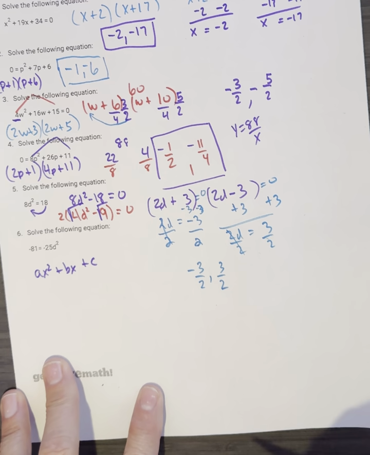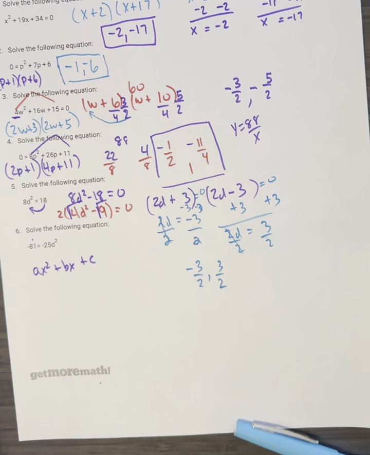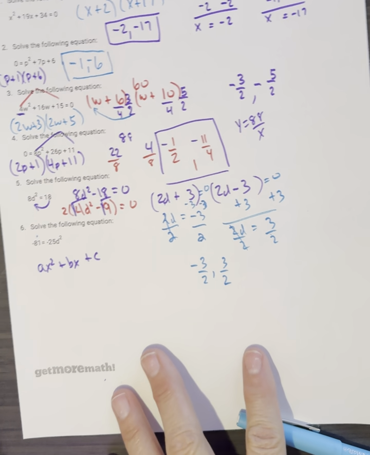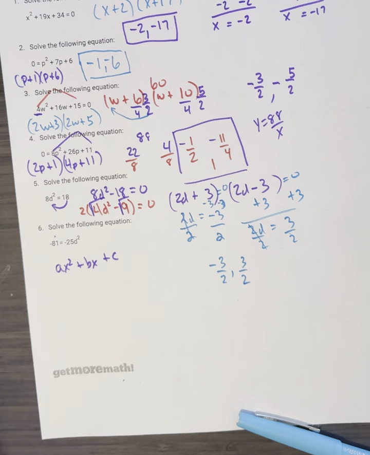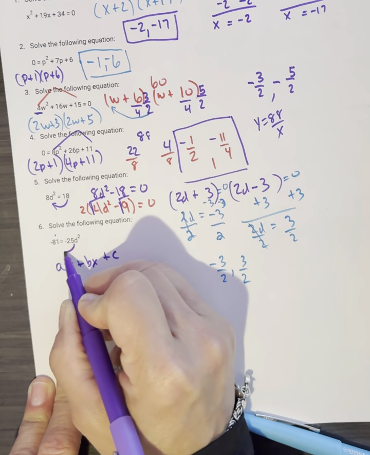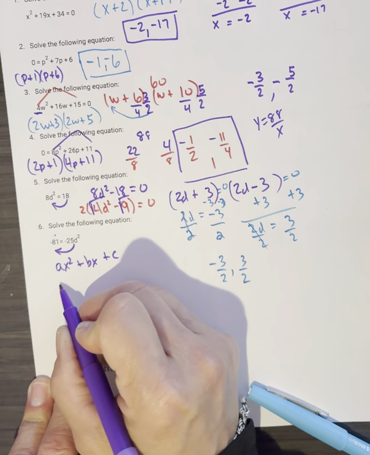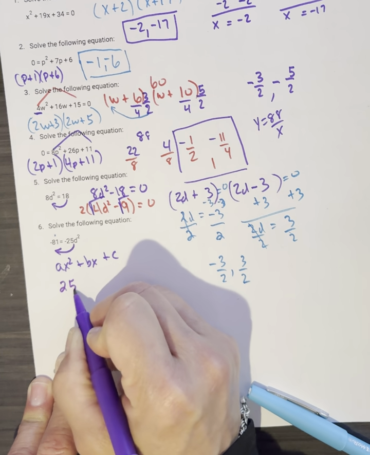Okay, number 6, same type. So we're going to move the 81 or the 25. So if we move the 81, is our x squared or d squared, is it positive? No. So we have to move the negative 25 d squared, so that we have a positive.